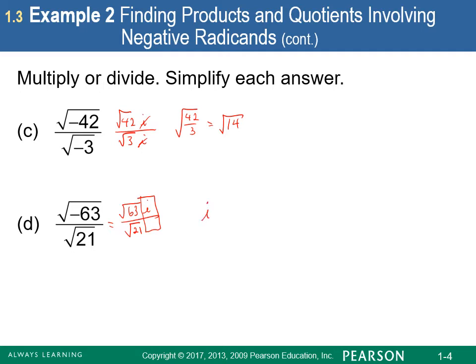So our answer is going to have an i in it. We can combine the 63 and 21 like we did in the previous problem. We can literally divide 63 divided by 21, which comes out to be a 3. And that's as far as we can go.